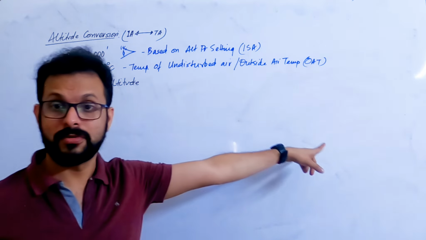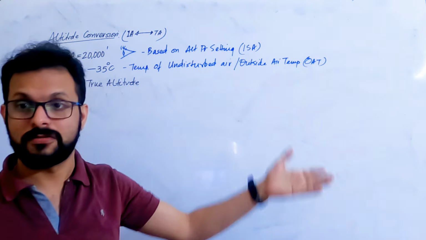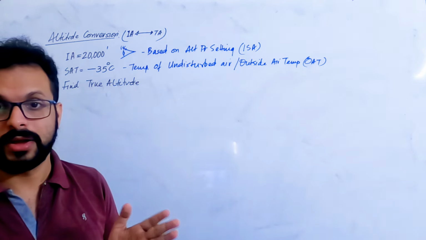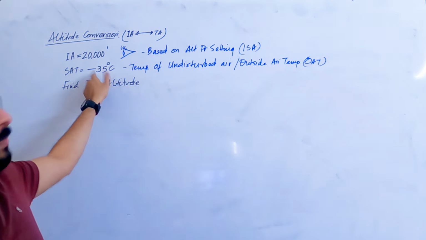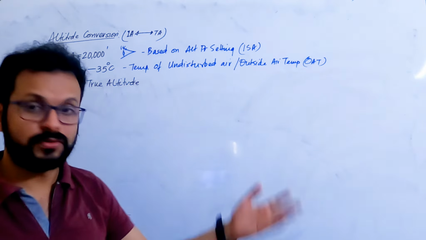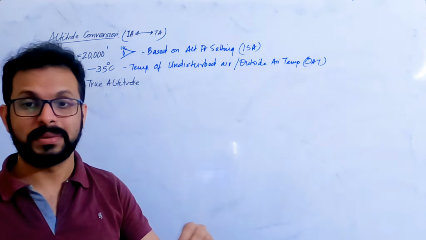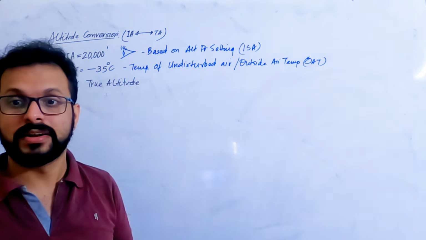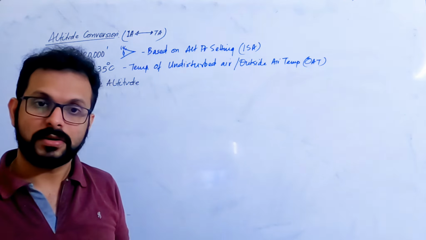We saw in the diagram before how the indicated could be different from the true, right? One of the conditions for this change in altitude is change in temperature. So as I've told you before, we say that ISA conditions mean sea level temperature is plus 15 degrees Celsius, and that need not be correct.